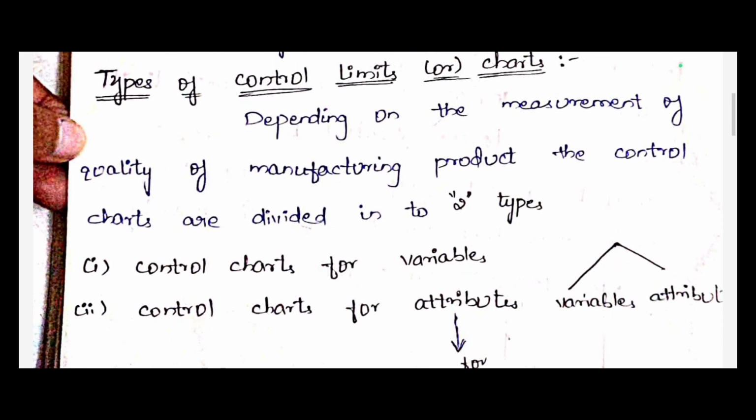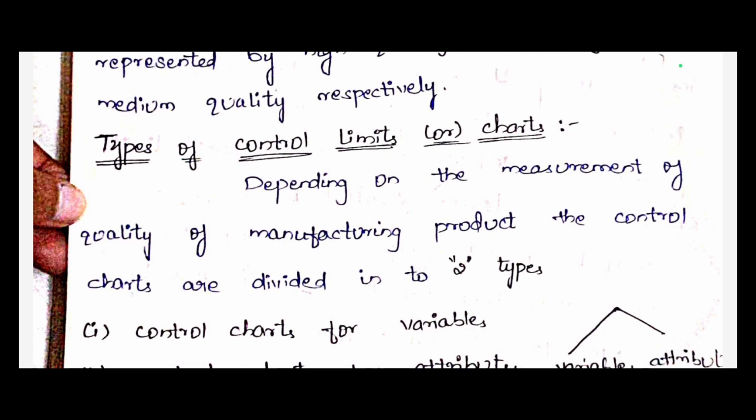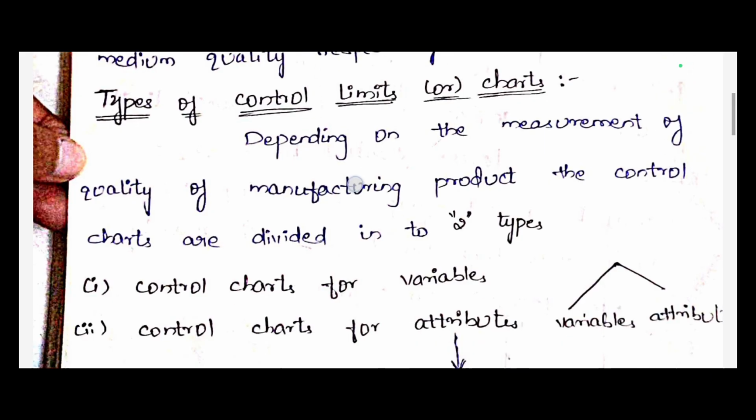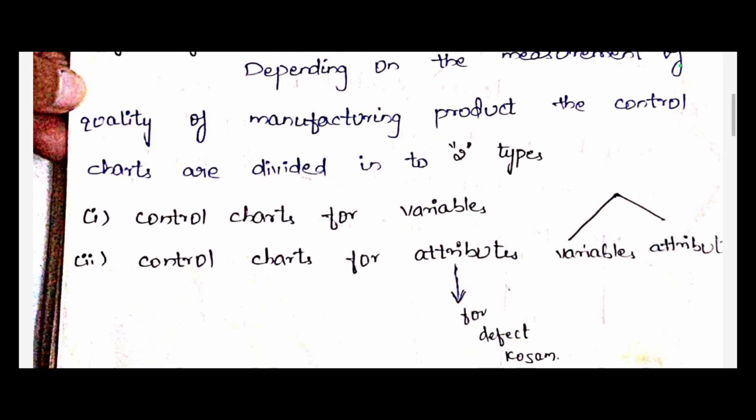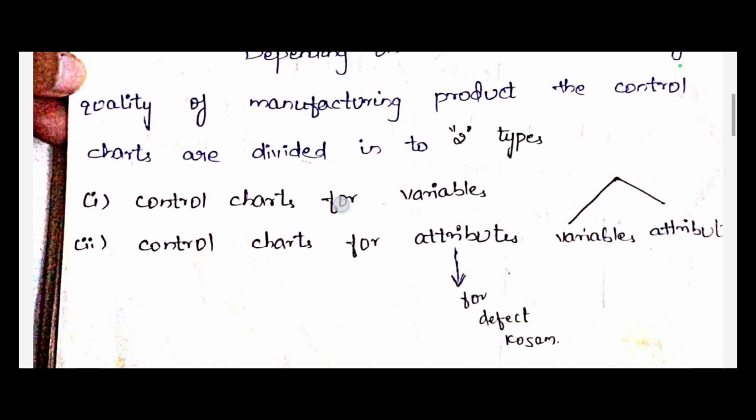Next, types of control limits or charts. Depending on the measurement of quality of the manufactured product, the control charts are divided into two types: control charts for variables and control charts for attributes.